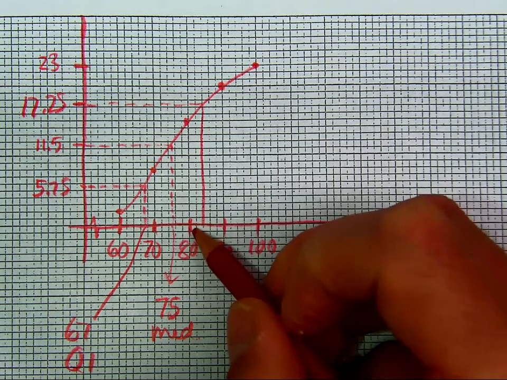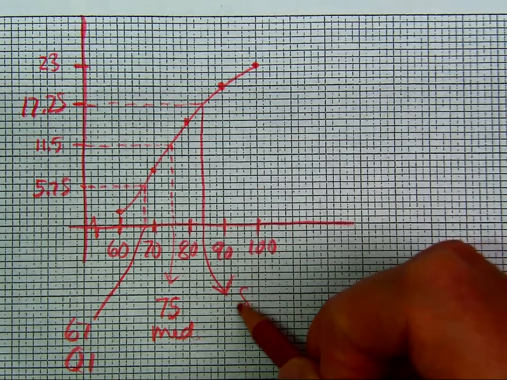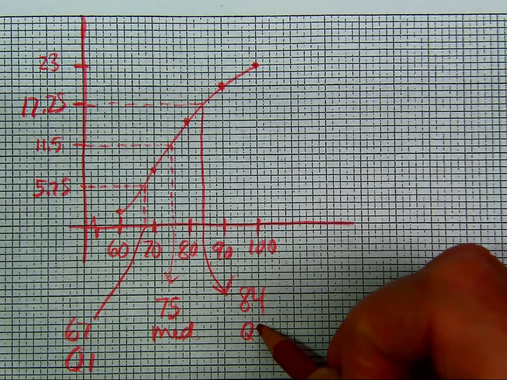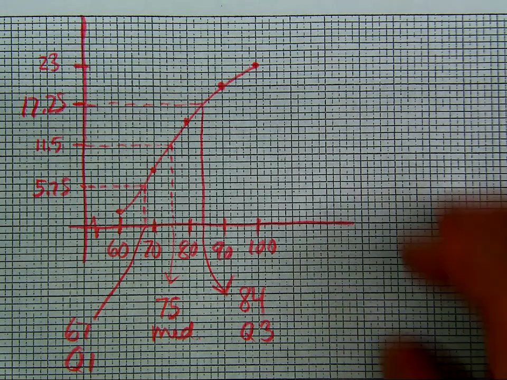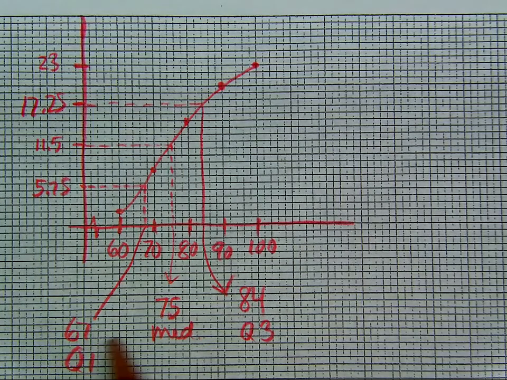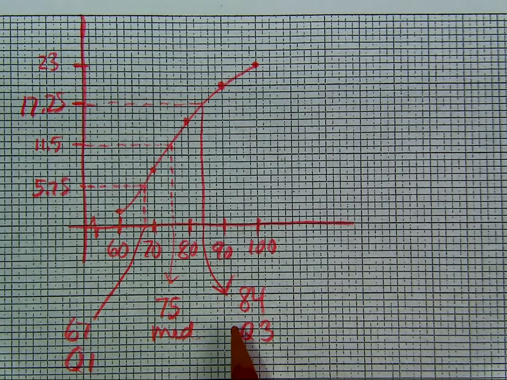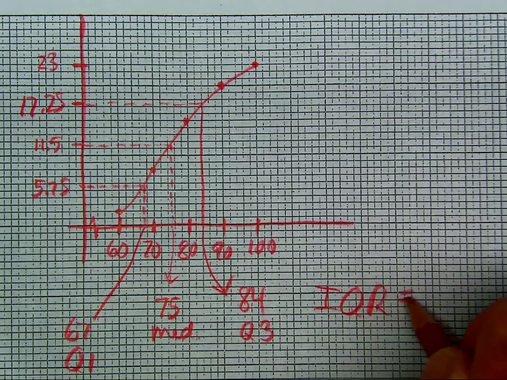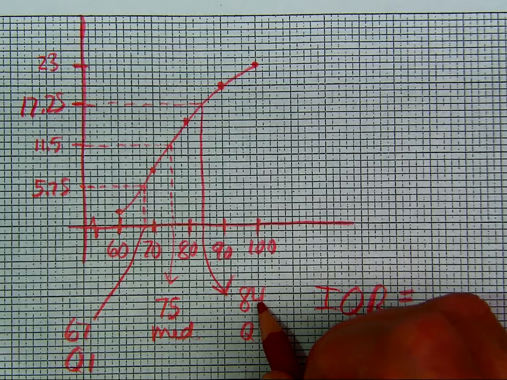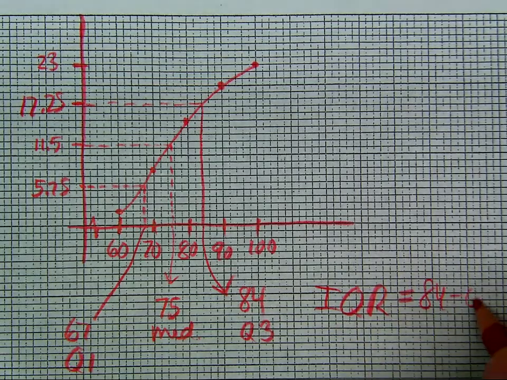So that's at 84, quartile 3. And that's how we can estimate the quartiles if we don't have all the data. We just have grouped data, and the interquartile range is 84 minus 67 equals 17.